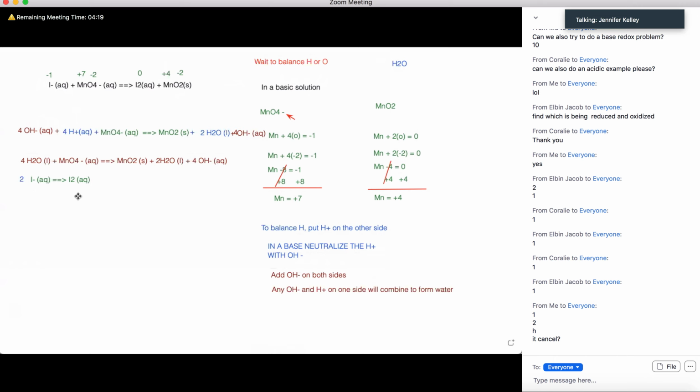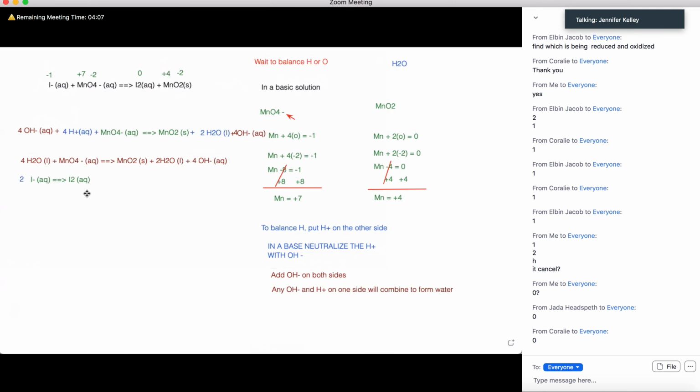So which side is more positive, -1 or 0? Zero? 0. Good. So on the left, it looks like I've got a -1, but I do have 2 of them. So I'm going to have to cancel both of the -1s. So that's why I'm going to add 2 electrons on the product side.